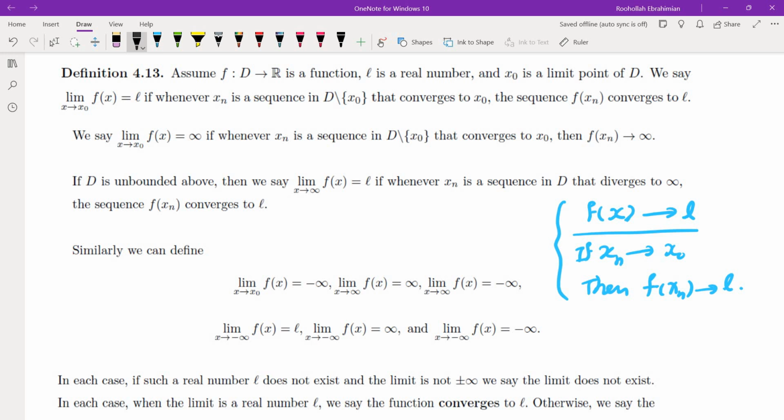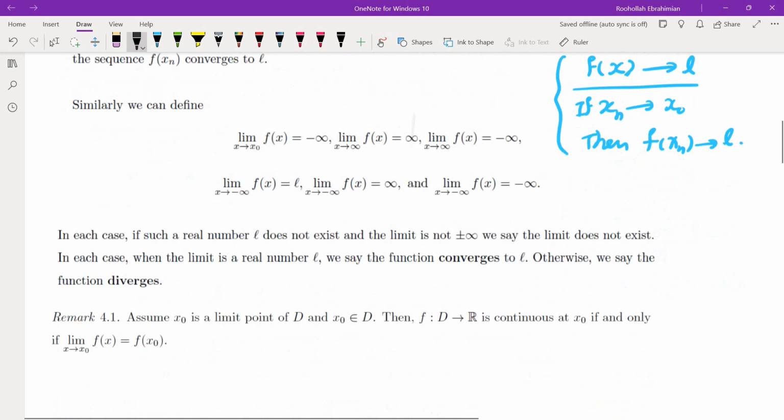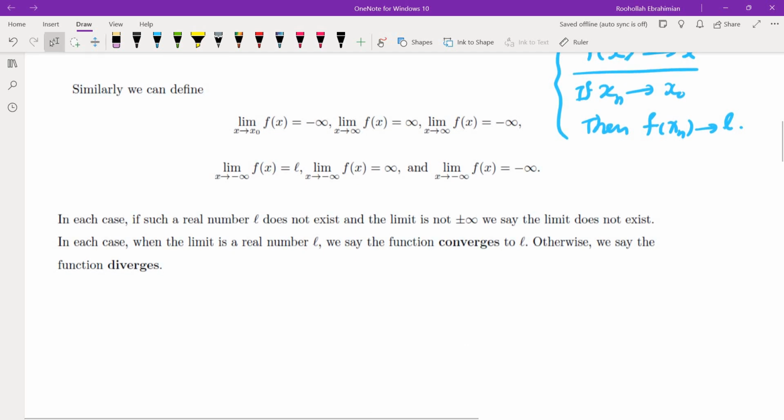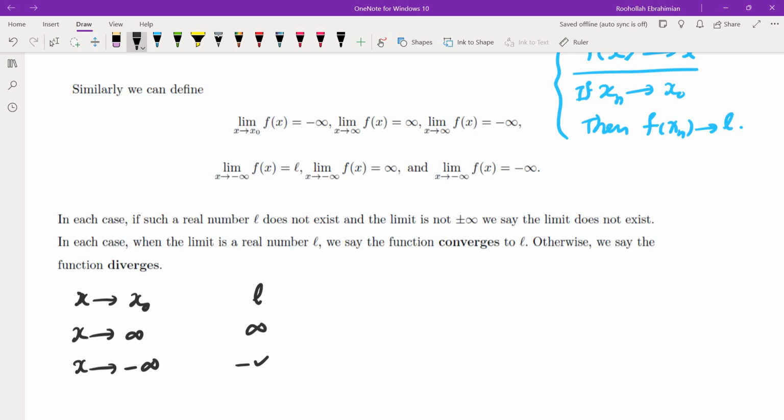Similarly, you can define f of x approaches negative infinity as x approaches x naught, or you can take many different possibilities. So these are the possibilities. X could approach x naught, x could approach infinity, or x could approach negative infinity. The limit could be L, it could be infinity, or it could be negative infinity.